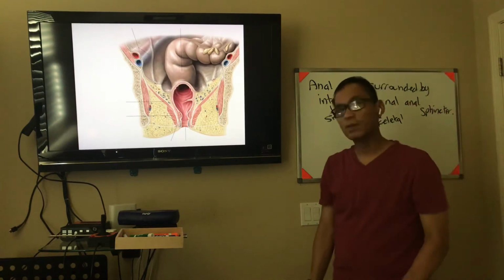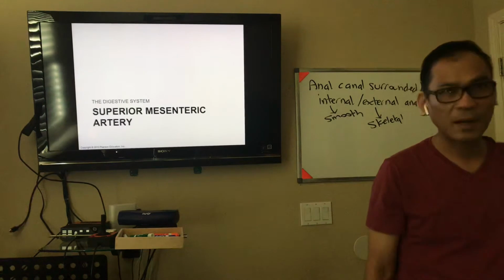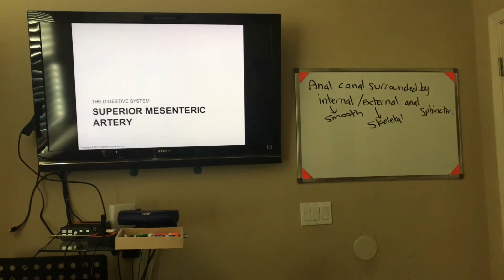So let's start to talk about the blood supply to the colon and the intestines here. We already talked about the superior mesenteric artery. We'll talk about it again.